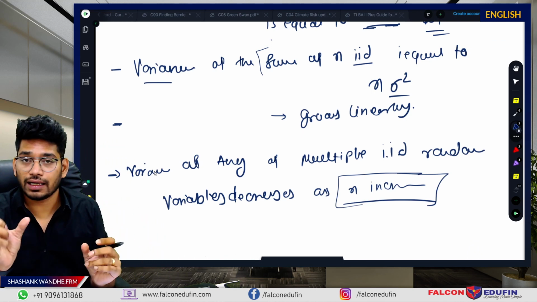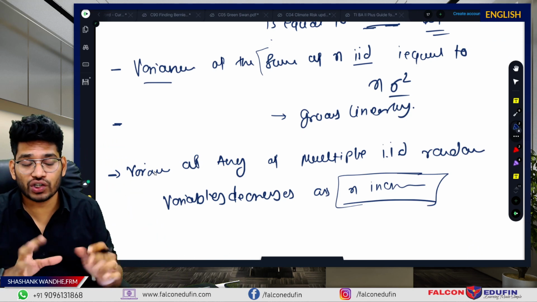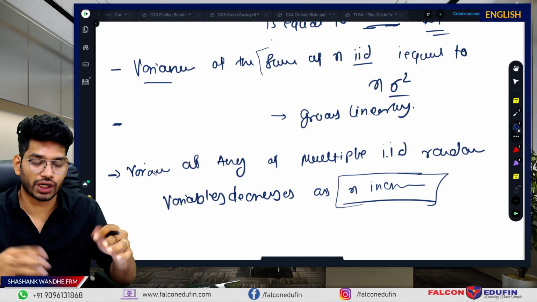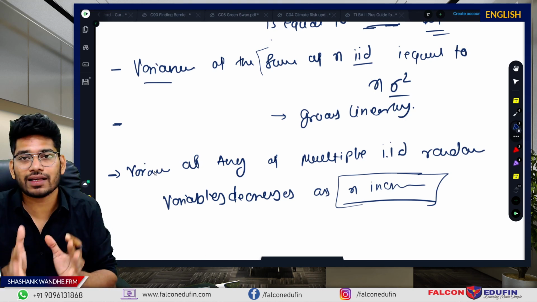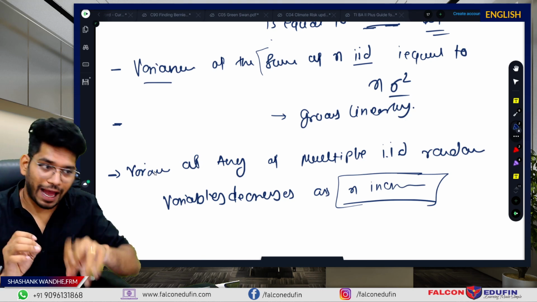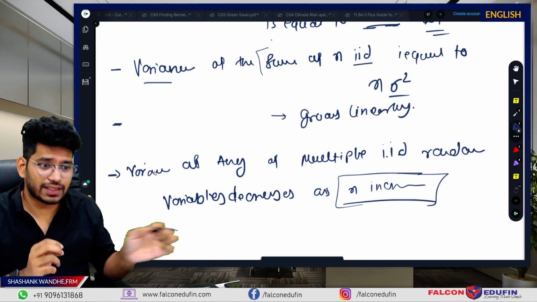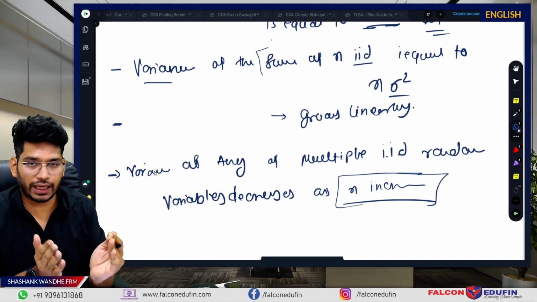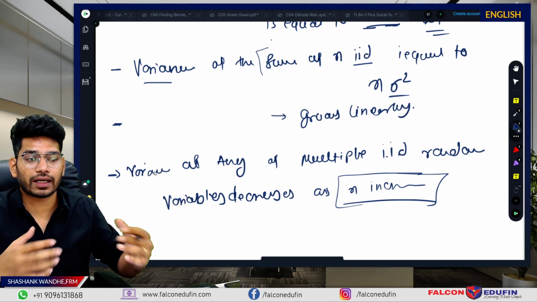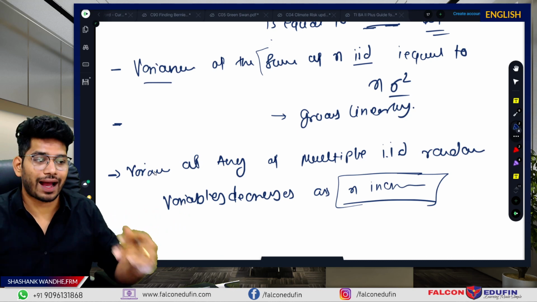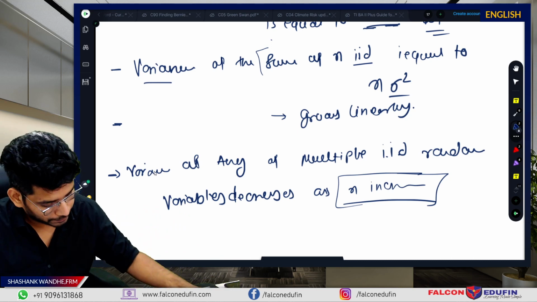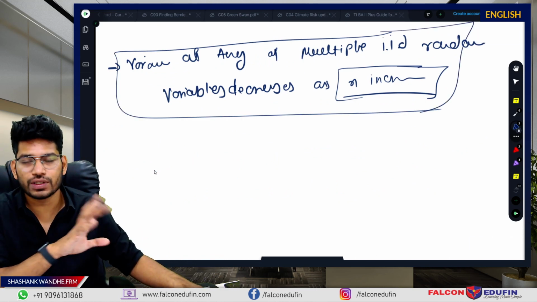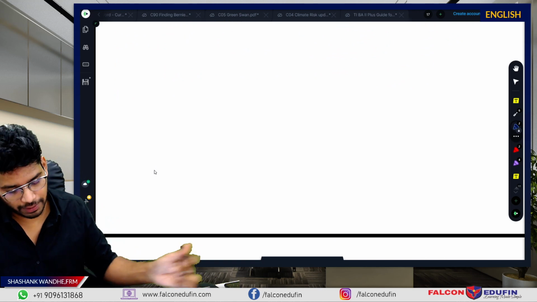As you increase n, the sampling distribution of the mean gets narrower. When you draw samples from the distribution, you are ultimately constructing a sampling distribution. If you take the mean of multiple IIDs, then automatically the variance will reduce as you increase n. Very simple. This is the main concern, what we are supposed to use in real life. But for exam purposes, please remember both.